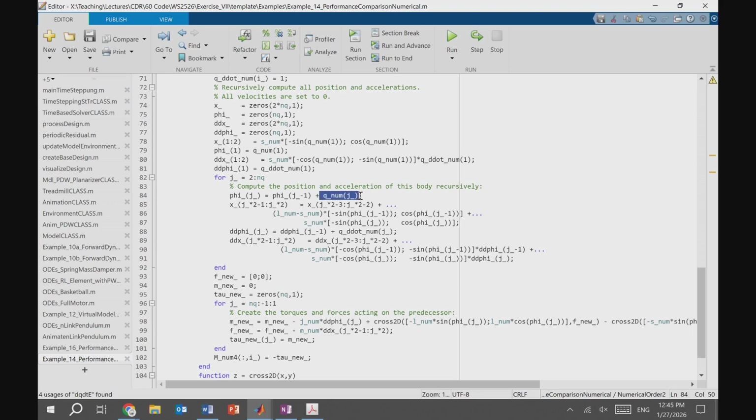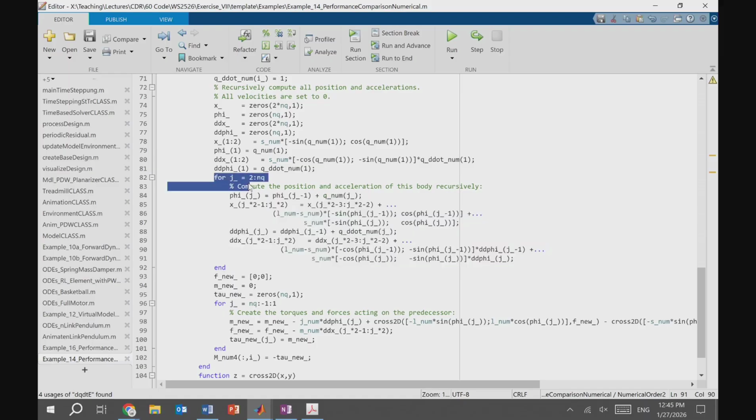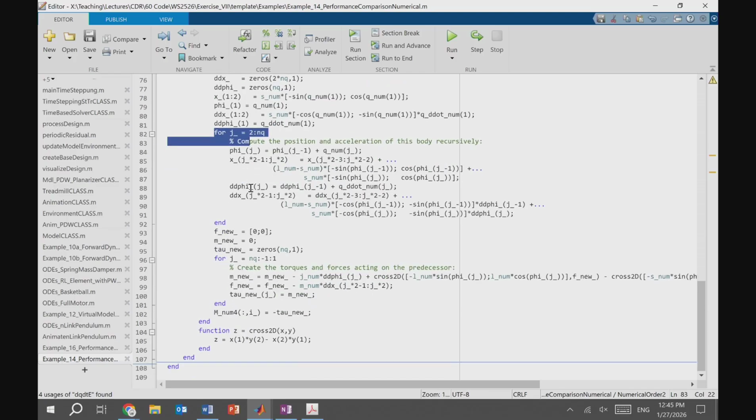But without going into the details, I think you believe that this is the outward pass where we do kinematics. All of these calculations don't scale with the number of degrees of freedom, right? They're all, in this case, mostly scalar or 2-dimensional calculations. But I have to do this NQ times, right? Moving outwards, joint by joint by joint.